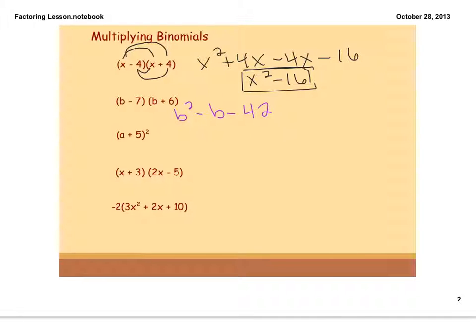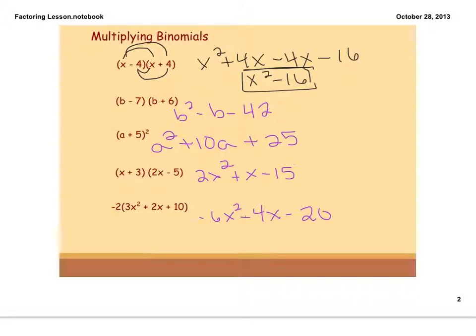My binomial squared, a squared plus 10a plus 25. 2x squared plus x minus 15. And last but not least, negative 6x squared minus 4x minus 20. So hopefully that is good to go for you.